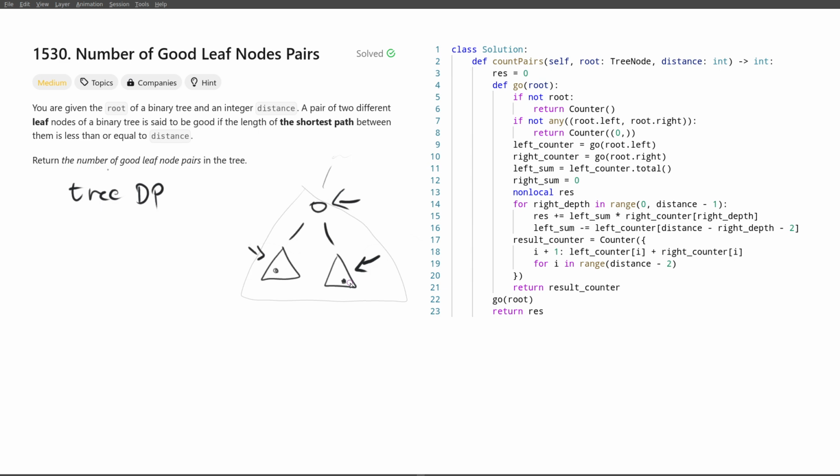Because typically we'll calculate one, two, three values for every subtree and combine them to those same one, two, three values for our root, and they will also be calculating our result. And in this case, I'm not familiar with any idea that will allow us to calculate this particular result, so the number of pairs that have distance of less than or equal to something.